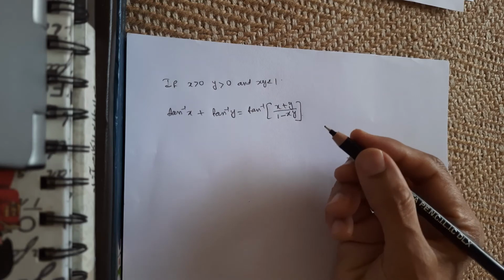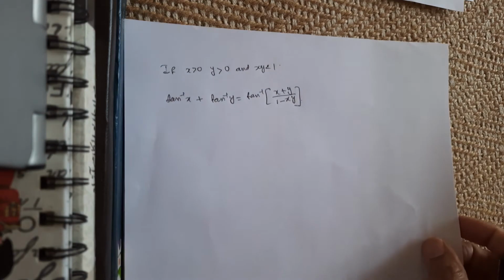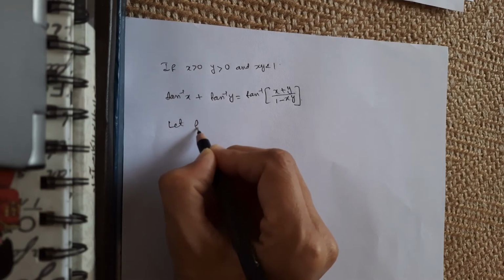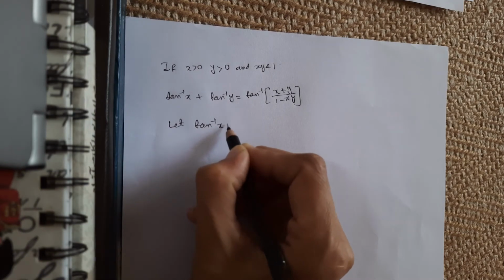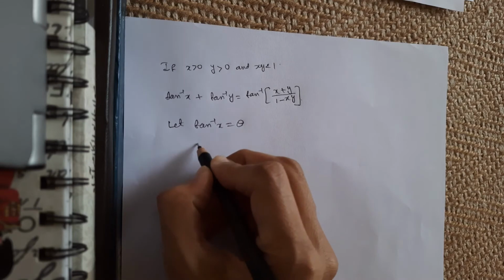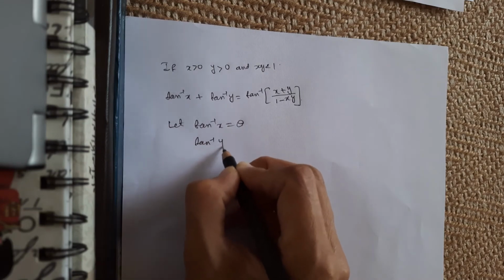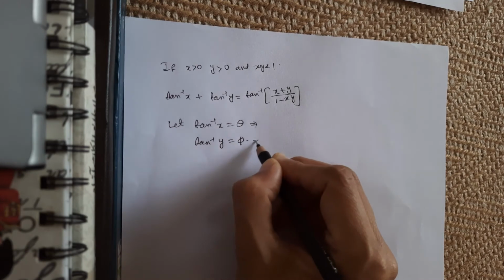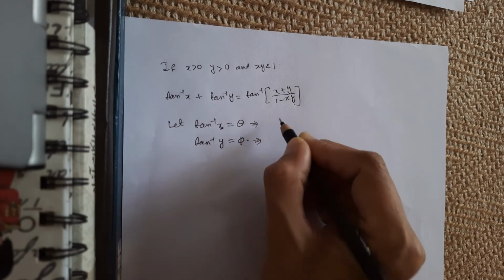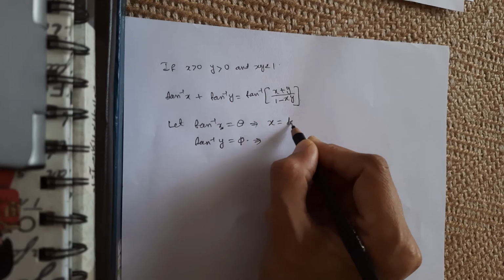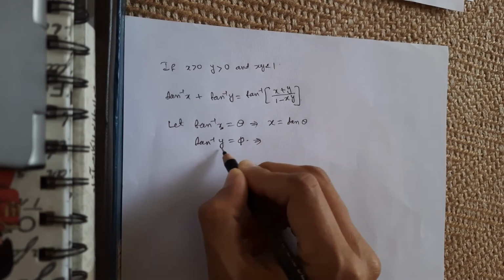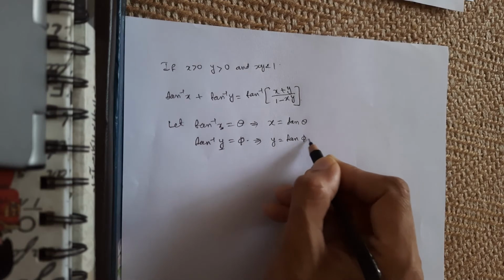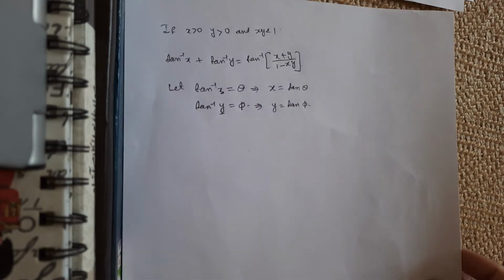Now just observe how I am proving it. I am considering tan inverse x equal to theta and tan inverse y equal to phi. So from the definition of inverse function, what will I get? x equal to tan theta and y equal to tan phi.